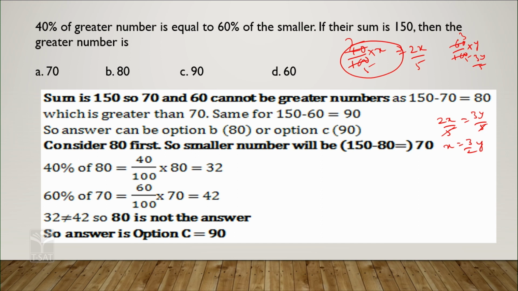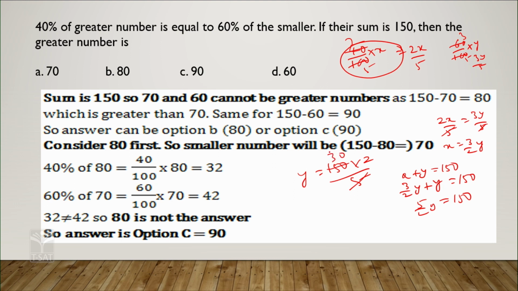If their sum is 150 is given, x plus y is equal to 150. Means you can substitute x as 3 by 2 y. 3 by 2 y plus y is equal to 150. 3 by 2 plus 1 is 5 by 2, so 5 by 2 y is equal to 150. So y is equal to 150 into 2 by 5. 5 ones are 5, 5 threes are 15, so 30 into 2 is 60.